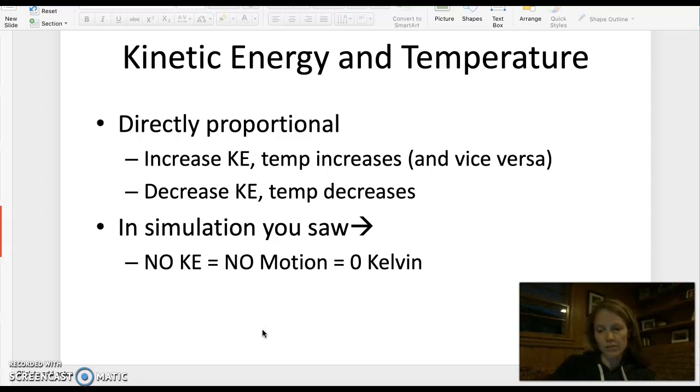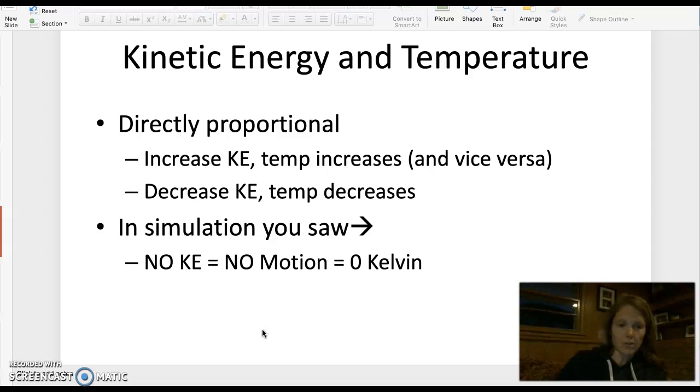So as the particles are moving faster, we're going to think about that being a higher temperature or a hotter gas, and vice versa. The other thing that you saw in the simulation is that when there's no kinetic energy or no motion, we typically associate that with 0 Kelvin, which we call absolute zero. And we talked about that also back in the first semester.